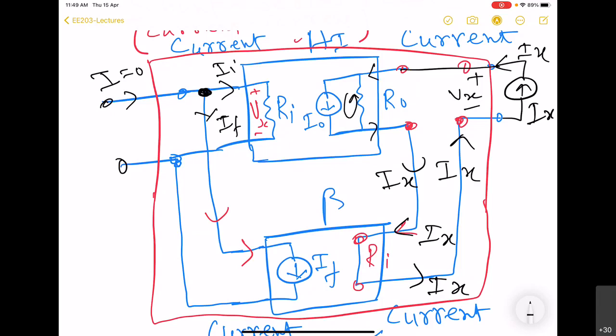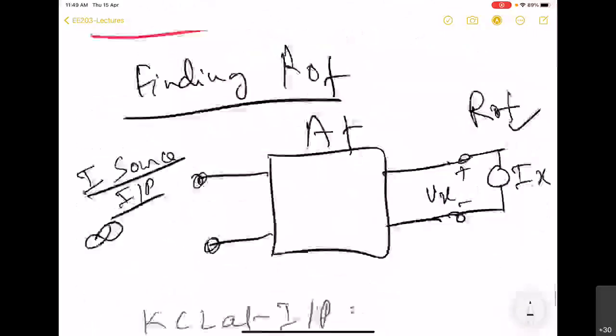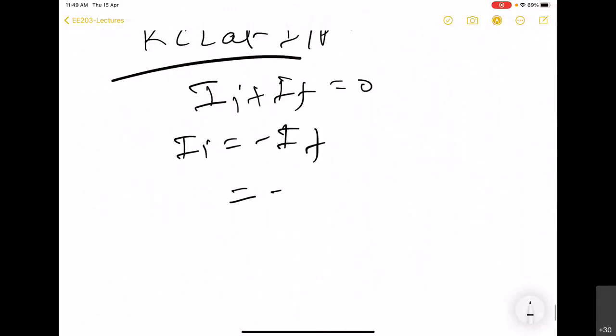It does not flow out of this network. So here we see that Ix is the current which is flowing into this feedback network, and that is why this IF is going to be beta into Ix. So this is minus beta into Ix, II.